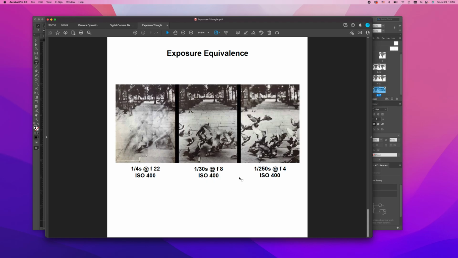So if we look at this next slide here, these are your exposure equivalencies. And thinking about these again as tools, let's say you're photographing, you're starting here in the middle at 30th of a second at f8, and you're like, okay, I kind of like what's happening here with these birds, but I really want to play with the amount of motion blur that's going to happen when I have my picture made. Keeping in mind this exposure here from your light meter, you can then compensate and get this exposure equivalency here by stopping down your lens.